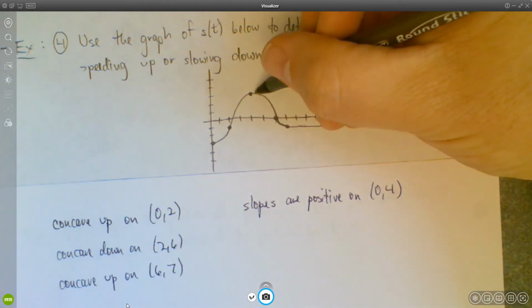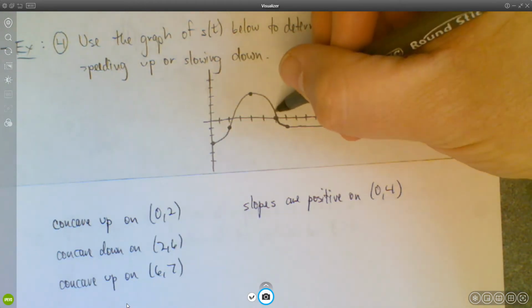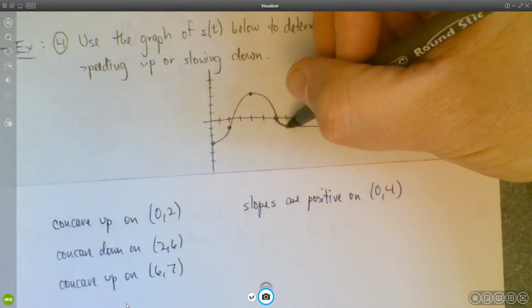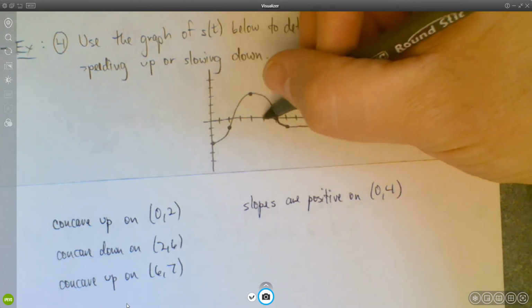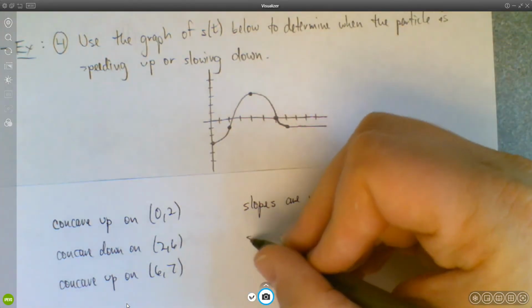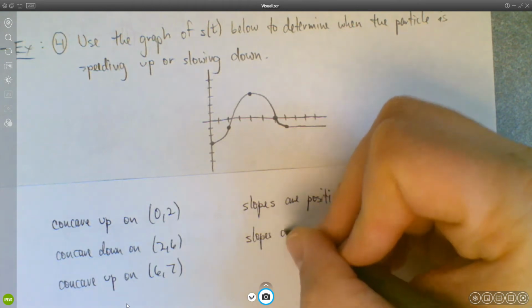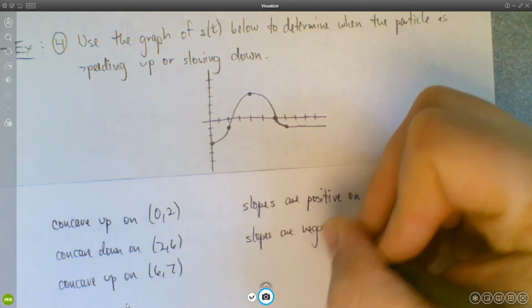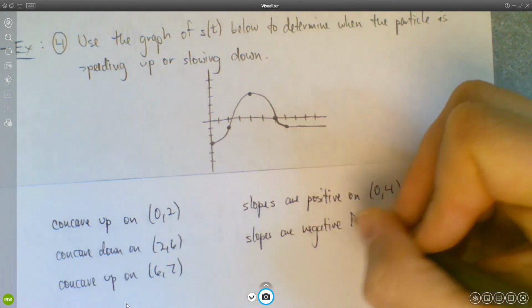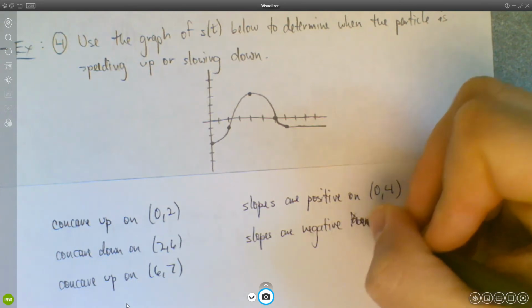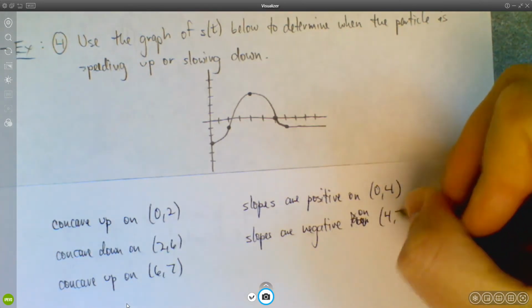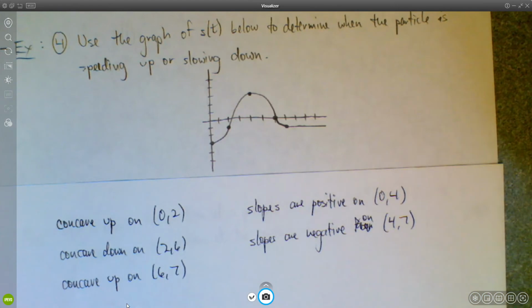And then the slopes are negative. They're all negative from 4 to 5, 6, 7, or I'll say on the interval from 4 to 7.